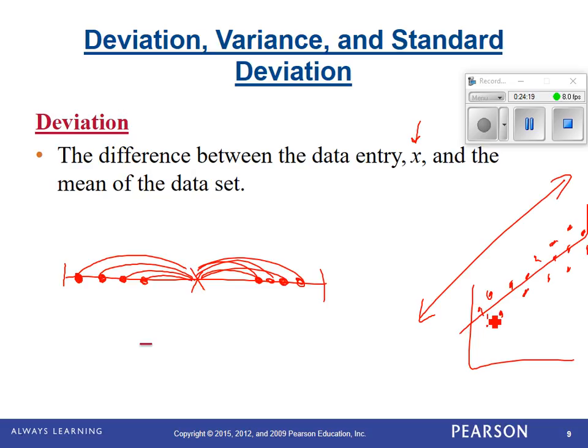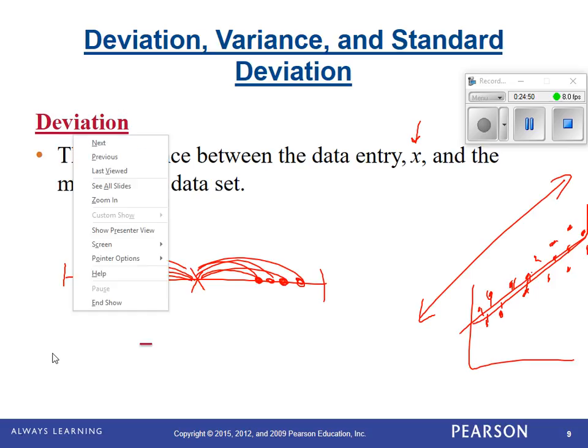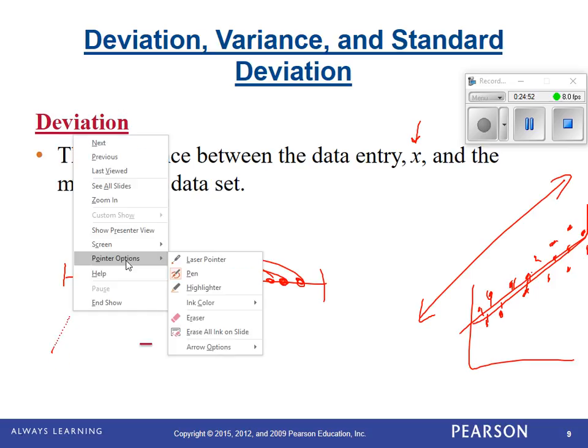How far is this one, this one, this one, this one? They averaged all those up and then they found the mean of each one of those. And they said, well, I wonder if this line would be better. And that's where you get the line of best fit. Which one has the lowest deviation? I know that doesn't make a whole lot of sense right now, but hopefully it will.